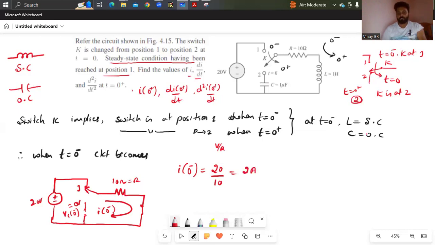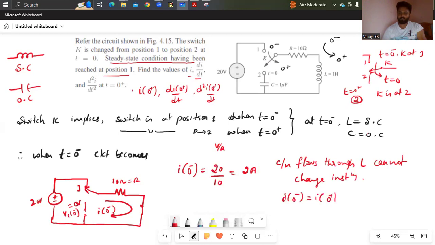And since current flowing through inductor L cannot change instantaneously, therefore I of 0 minus is same as I of 0 plus. I explained in previous videos. I of 0 minus is same as I of 0 plus, that is nothing but 2 amperes.